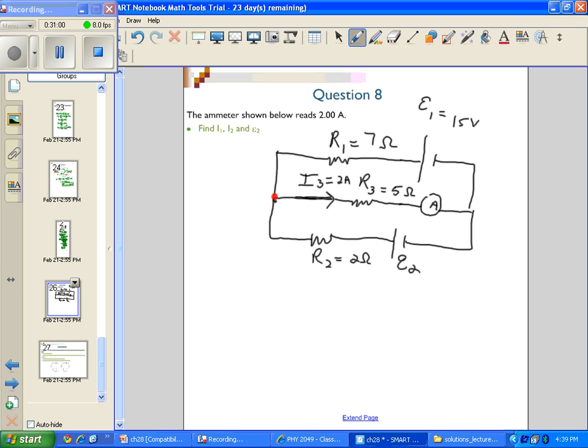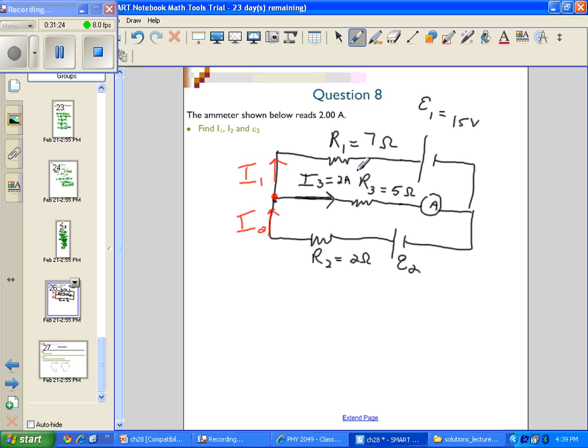And how about we say that I1 flows out of the junction, and so does I3, and I2 flows into the junction. Again, this is all a guess, since the only thing that we know is that I3 flows out of this point.